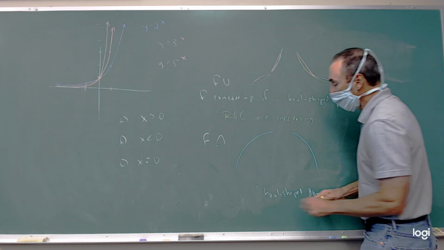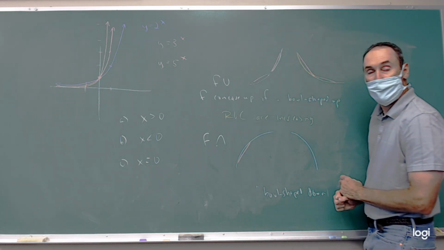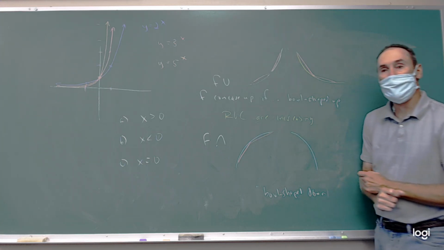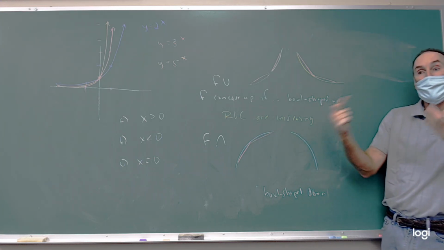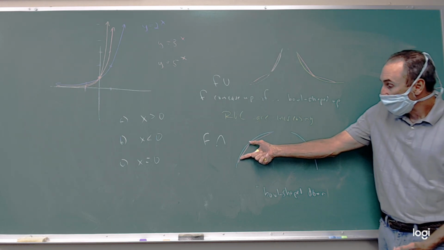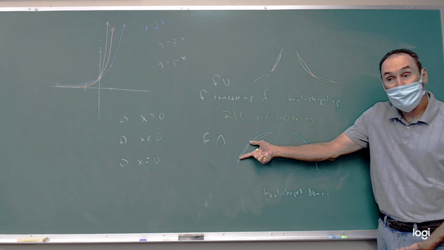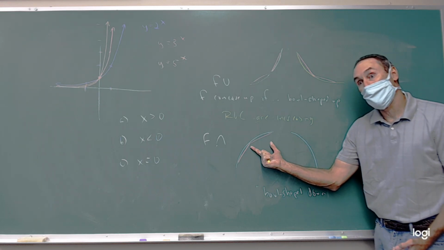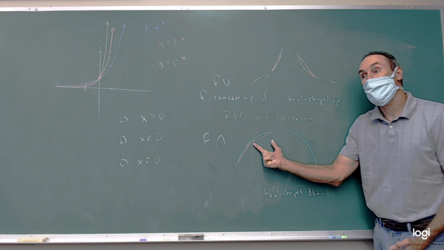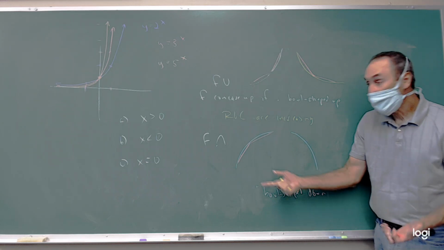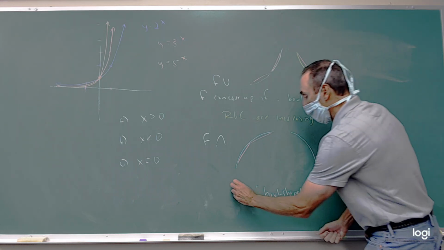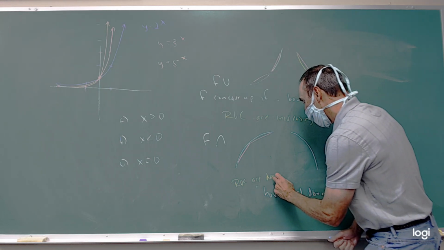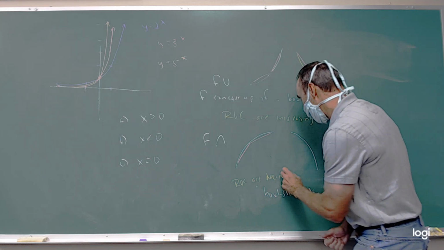So when you look at a line segment joining 2 points on the curve there, compared to a line segment joining 2 points on the curve a little bit further down to the right, the slope of the line here, the average rate of change, compared to the slope of the line here, the average rate of change. Is that getting bigger or getting smaller? Smaller. So we get that the rates of change are decreasing when it is concave down.